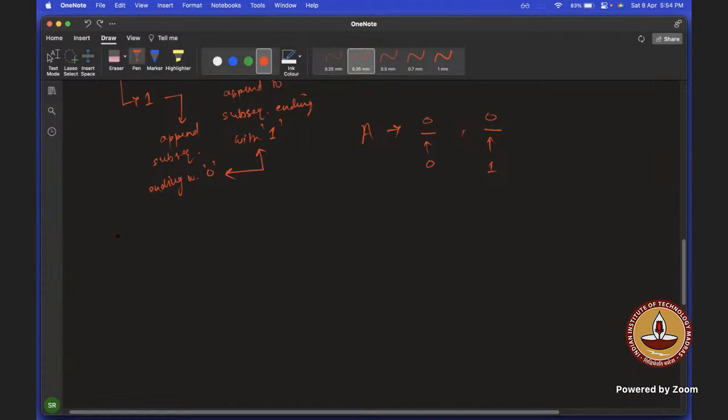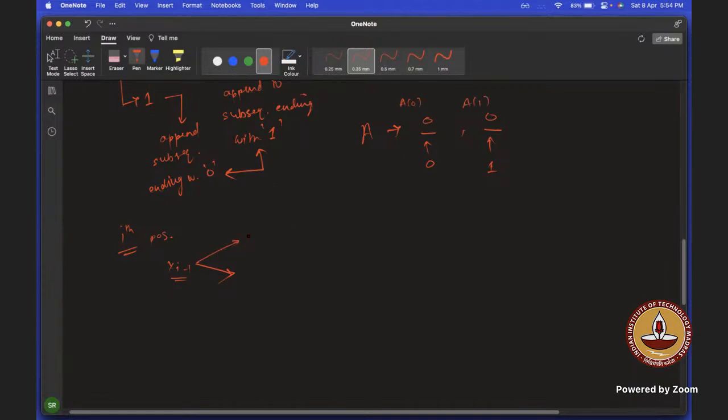Okay, so now let's formalize this approach. When we come to the ith position of the sequence, what would be xi minus 1? Xi minus 1 would be one of these quantities, right? Either it could be A0 or A1.